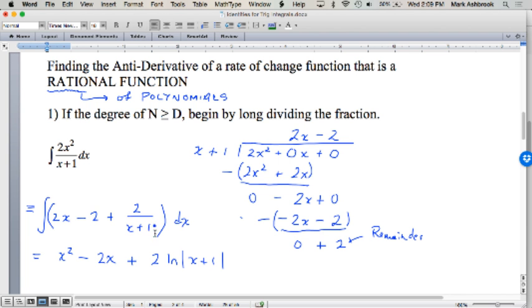It's x plus 1 to the minus 1. So it's going to be natural log. Don't forget the absolute value. It's a domain issue, right? So this has all x values valid except -1. So we need our antiderivative to have the same domain. So we need that absolute value, and then we're going to need the plus c to get all antiderivatives, or all accumulation functions, starting from any value of a.